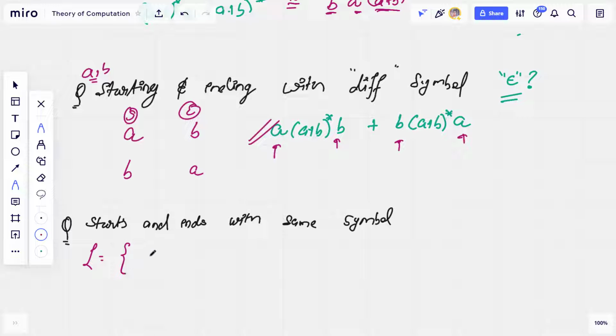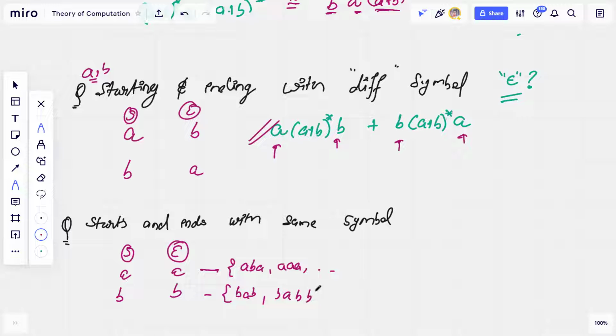What is the language? You can think of it this way: the language can be a union of two languages. The first language is strings that start with A and end with A, and the other language is strings that start with B and end with B. So the first language will be ABA or AAA and so on, and the other will be BAB or BABB, whatever.